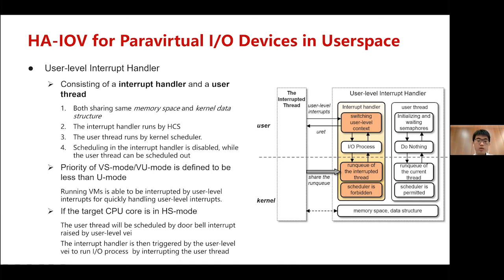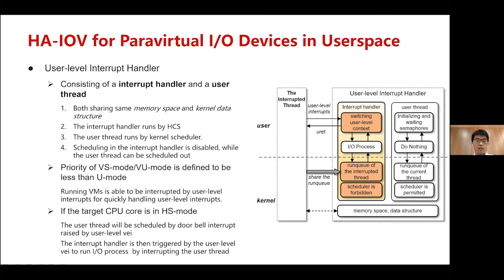However, the CPU core sometimes is not in the U mode, and this may postpone the handling of the user-level interrupts. Thus, for one thing, the priority of VS mode and VU mode is defined to be lower than the priority of U mode. User-level interrupts are able to interrupt the running guest by switching virtualization mode to non-virtualization mode.